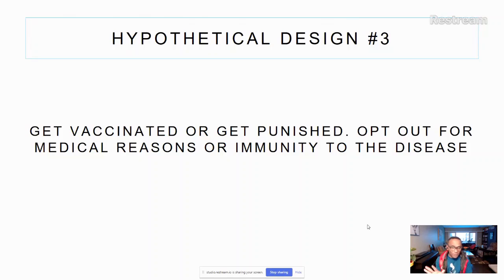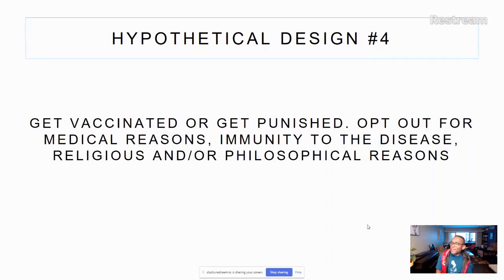But those are the only opt-outs. That's it. This one, I think, again, we're starting to get away from the problems of fundamental justice as we go through these hypotheticals, because this one seems to be contained to a group of persons who are refusing for reasons that don't have anything to do with illness, or, what's the word I'm looking for, because it's contraindicated for them, or because they have immunity to a disease.